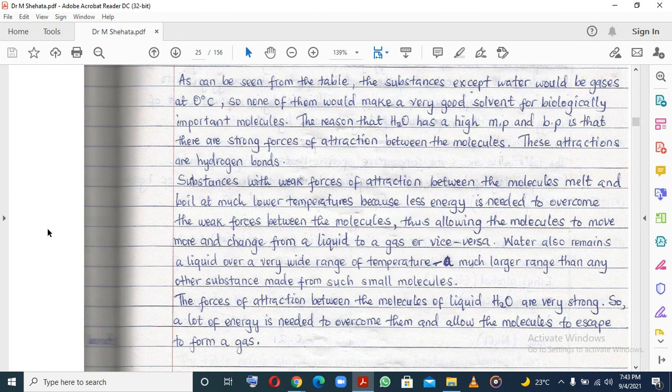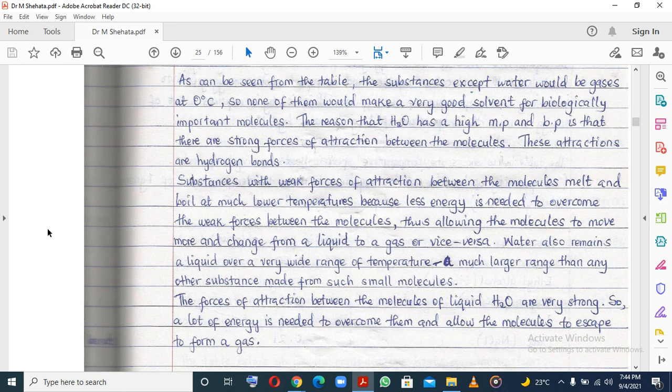So if, for instance, separating the water molecules into gas would take maybe 40 degrees, and then the extra energy to break the hydrogen bonds is like 60 degrees Celsius, it means that the total boiling point becomes 100 degrees Celsius. So there's extra energy which has to go into the breaking of the hydrogen bonds.